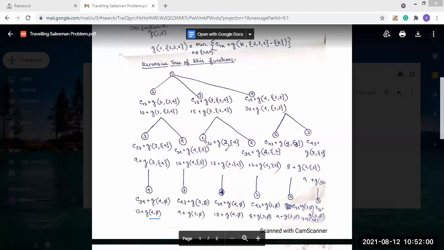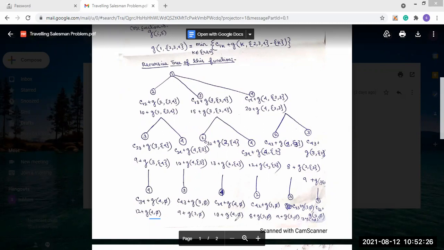And the other two paths are: from 1 to 4, from 4 to 2, and from 2 to 3. And another path is from 1 to 4, 4 to 3, and from 3 to 2. So this is the total set of paths which we can see.